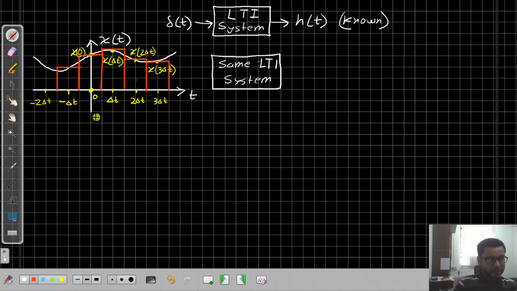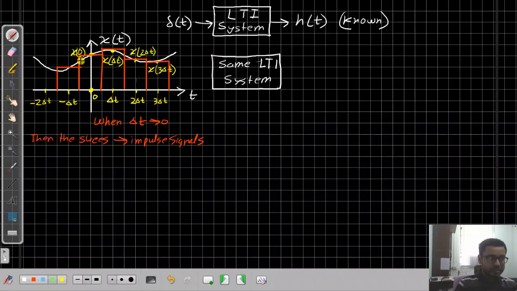Now you know that when delta t tends to 0, then these individual slices tend to impulse functions. So they will become very narrow, concentrated at one point of time, and can be considered as a delta function. So I can write them like this.